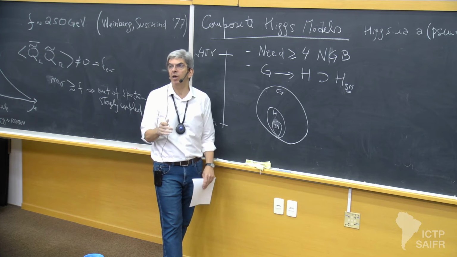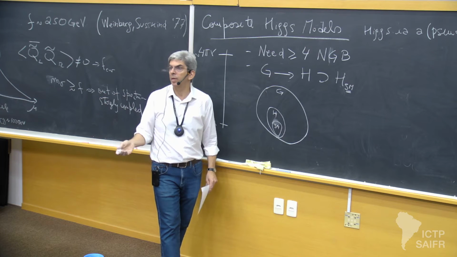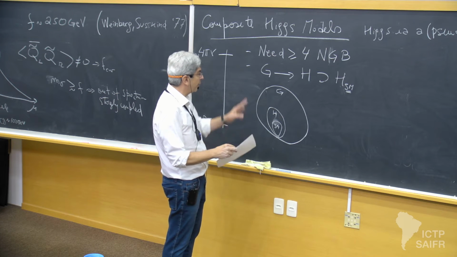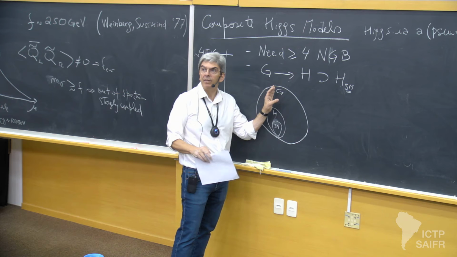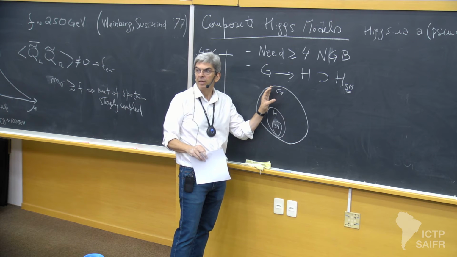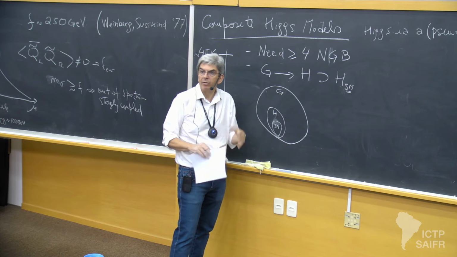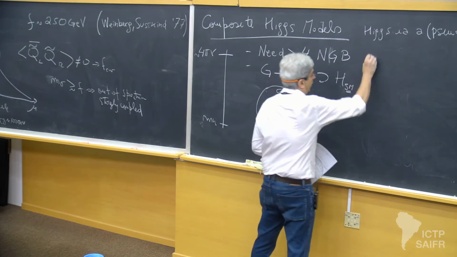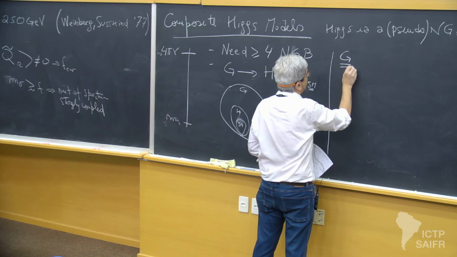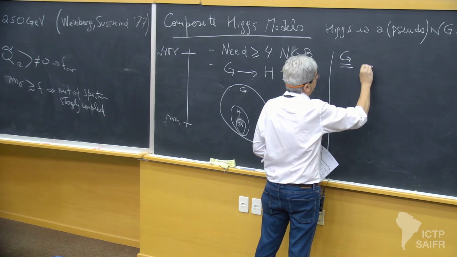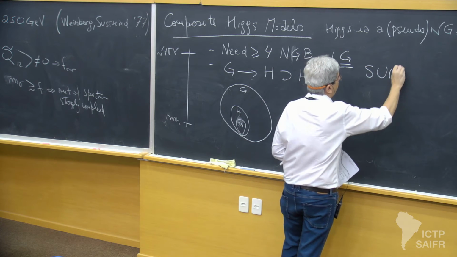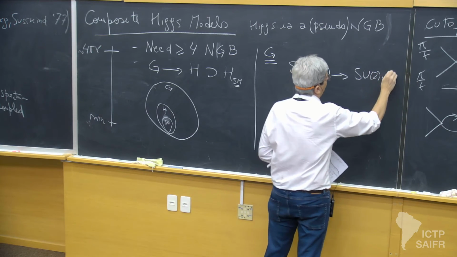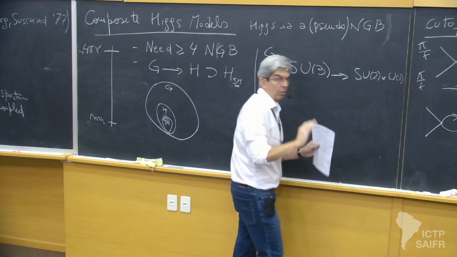And most of what we've done builds up to how people actually do this, okay? The only thing that you need is to pick the global symmetry to start with, to get the minimum number of Goldstone bosons, right? So what's G? Choice of G, right? Let's say that you break SU3 down to SU2 cross U1, just global.